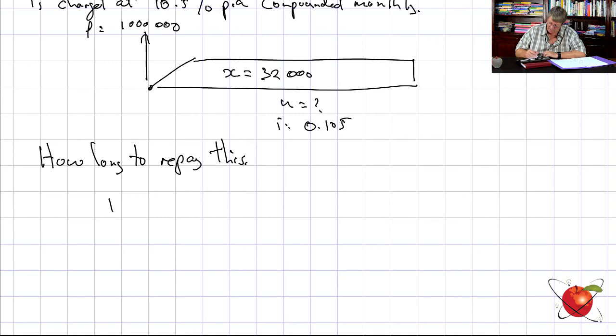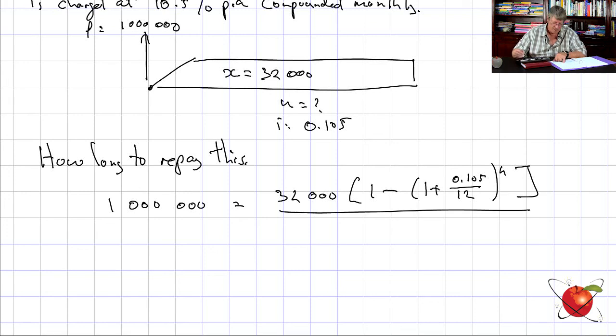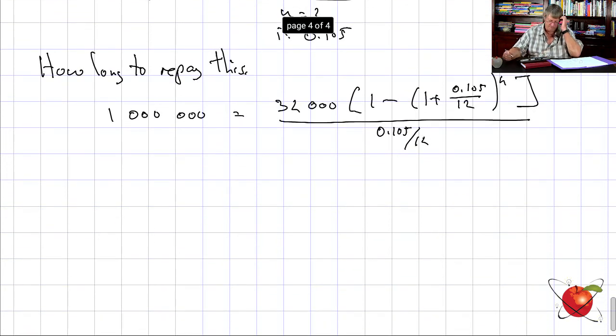So we say, okay, 1 million is equal to 32,000 times 1 minus (1 plus 0.105 divided by 12) to the power of n, and n I'm just using as periods, over 0.105 divided by 12. Okay, please follow this one with me. It's a very, very important one, this one.